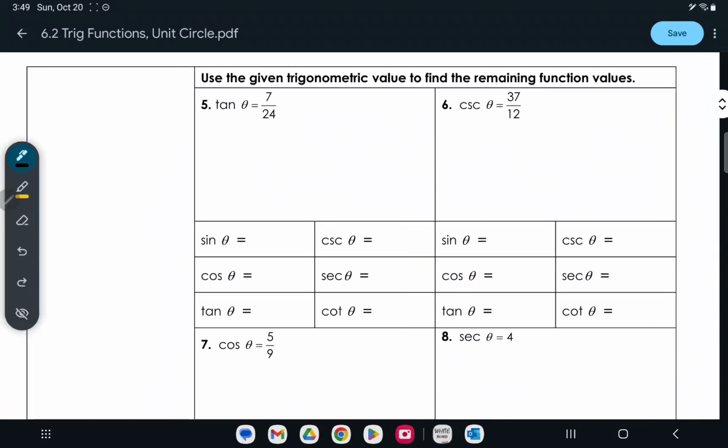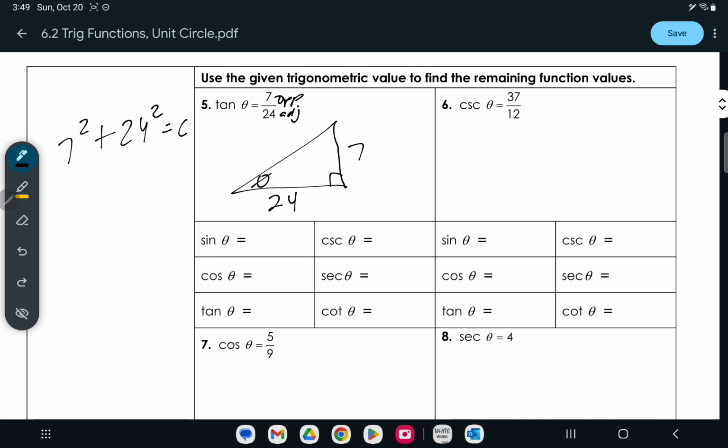We can use these to find the rest. We have some right triangle, we have some theta, and we know the opposite and adjacent. The opposite is 7, adjacent is 24, and we can find the hypotenuse. 7 squared plus 24 squared equals something squared. So 49 plus 576 equals 625, and the square root of that is 25.